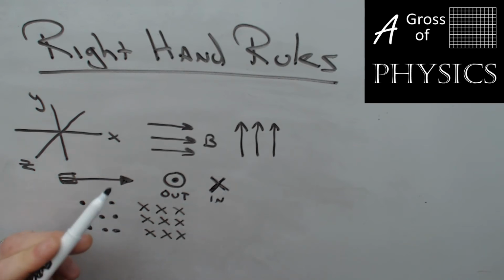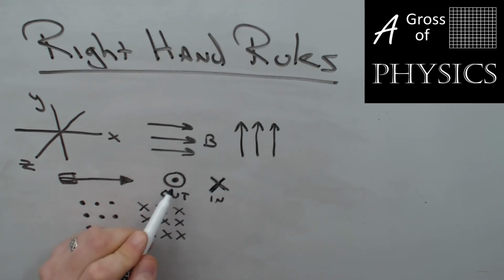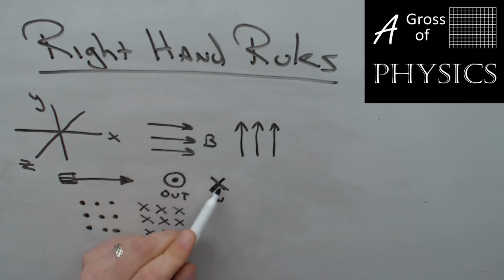Now the field can be represented left, right, up, down, in or out, but also the direction of charges that move within the field, or a wire, the current in the wire within the field. So this could be a wire going out of the page, a wire where the protons are moving into the page.